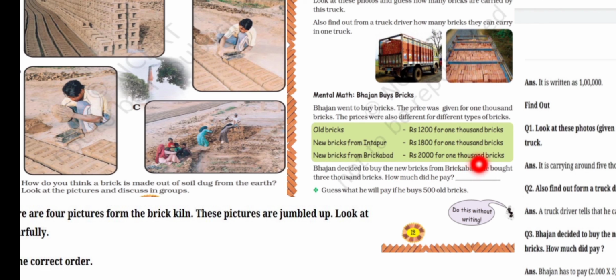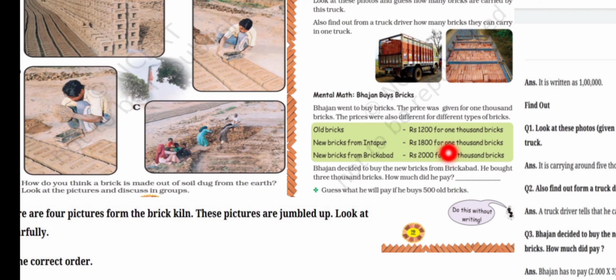It is 3 times the price of 1,000 bricks. So 2,000 multiplied by 3 is 6,000 rupees.